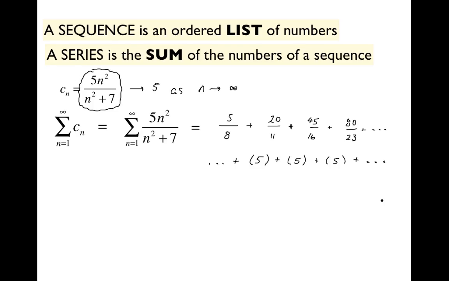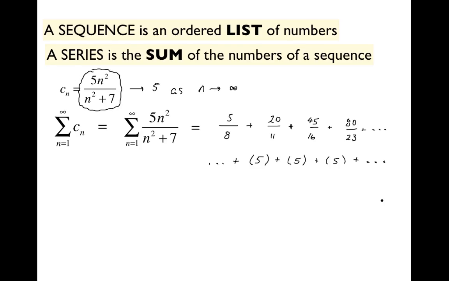So, what is it going to take for a series to converge, a sum to converge? If I have a sequence and this one converges to 5, I just end up adding a bunch of 5s together in the end. A zillion of them. It's just going to get bigger by 5 every time.